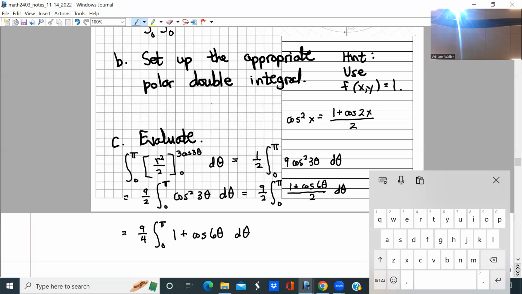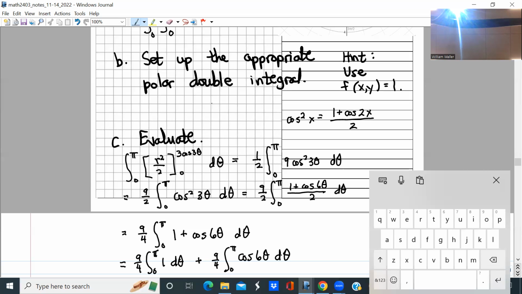Okay, so let's break this up. So I have 9/4, and then this very simple integral. I know the antiderivative of 1 is just theta. And then plus, here's the tricky part. So I still have this 9/4, 0 to pi of, and then cosine of 6 theta.